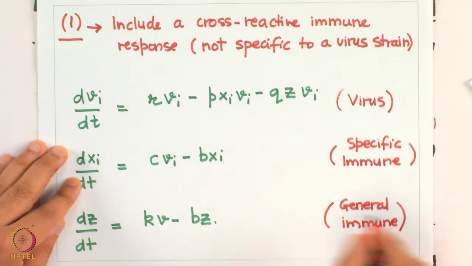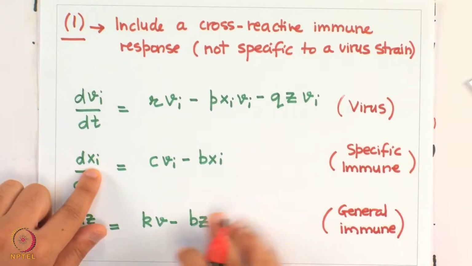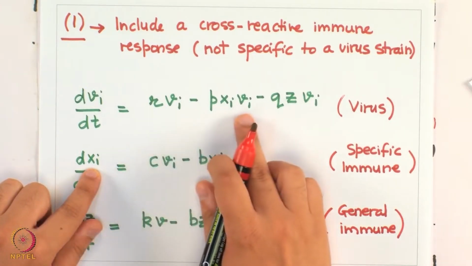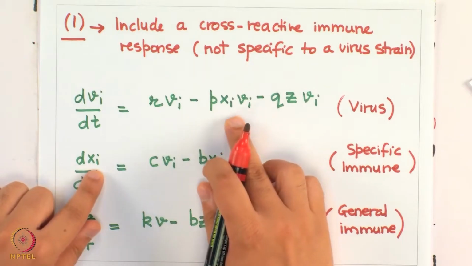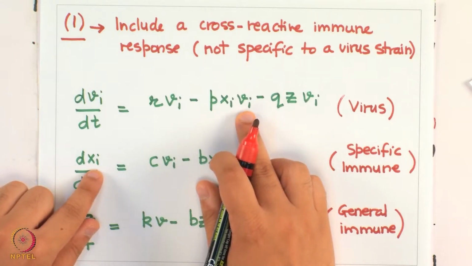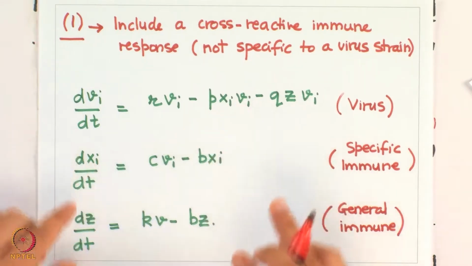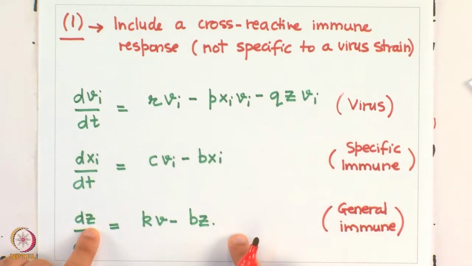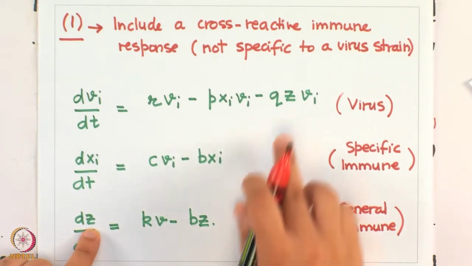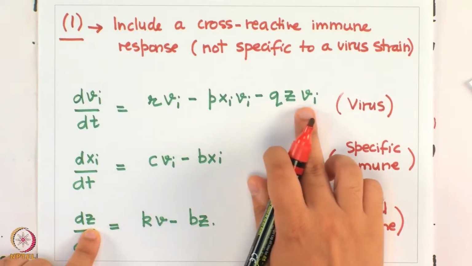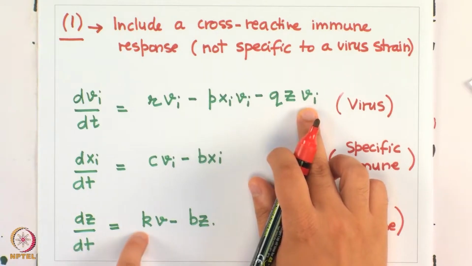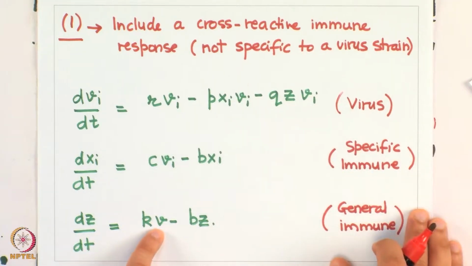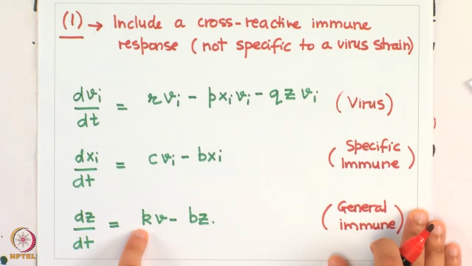And what we mean by that is that Xi is the immune response which only acts against the Vi virus particles, that it is very specific in nature. X1 would only act to control virus particles which are of type X1. On the other hand, Z represents the general immune response which acts against all virus particles irrespective of their particular type.